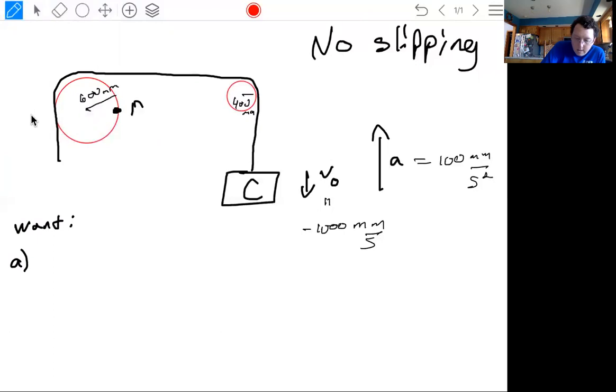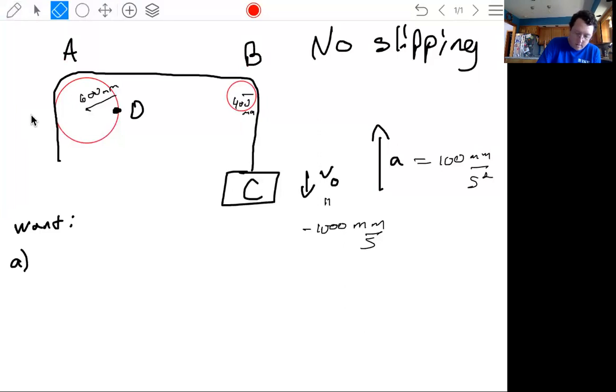We're going to call that point D. And just for reference, this wheel is called A. And this wheel is called B. Okay. So I have wheels A and B. I have a point on the edge of wheel A, which I'm going to call D, and I have a block called C. All right, so what do I want? I want the initial acceleration of point D.